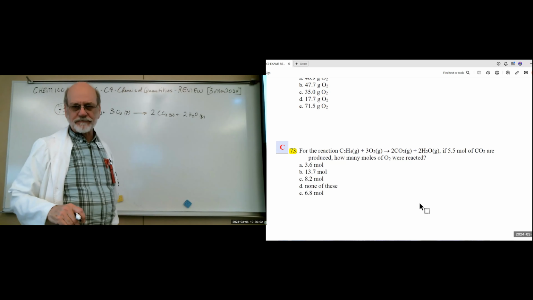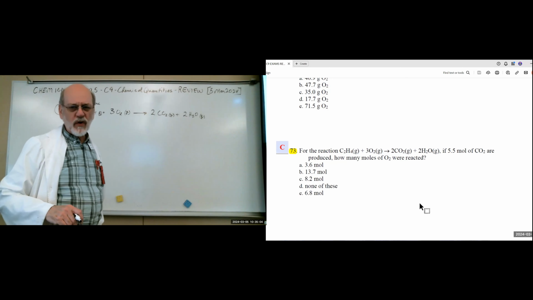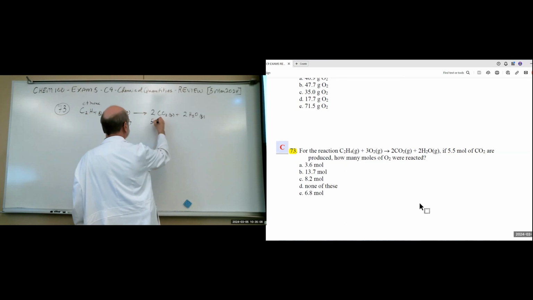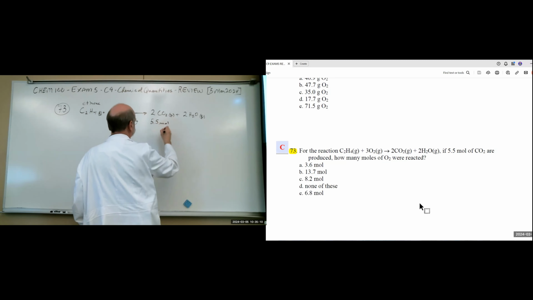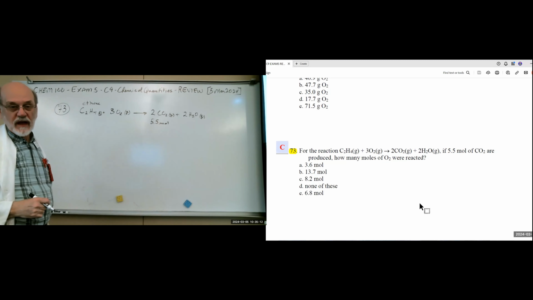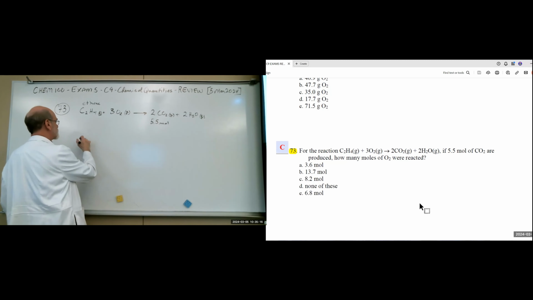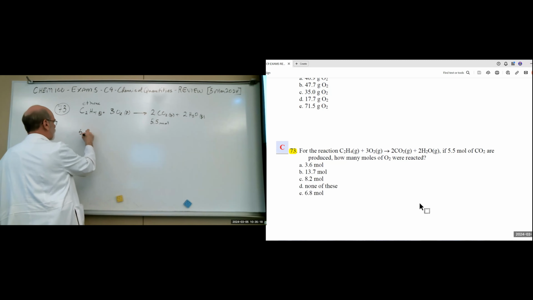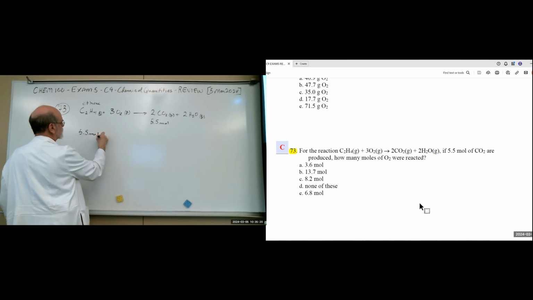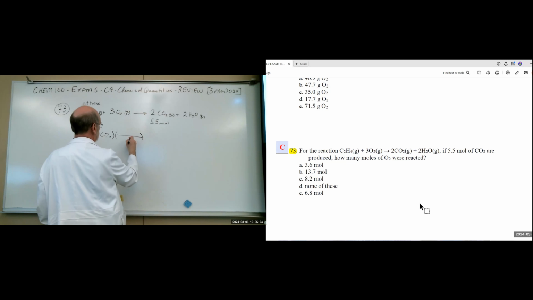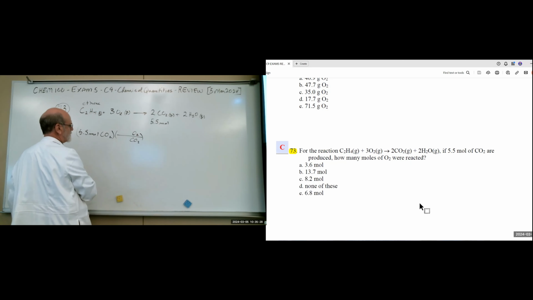Now what's the problem? 5.5 moles of CO2 are produced. How many moles of oxygen were reacted? Oh, this is simple. 5.5 moles of CO2. And we want to cancel CO2 and leave us with oxygen.